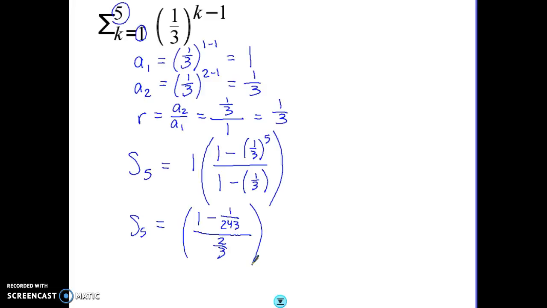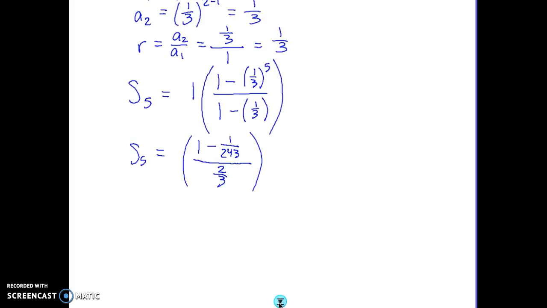We can keep going from here. This is the same as 1 minus 243 is 242 over 243, which is still all divided by 2/3. And then an easy way to rewrite this is to say that dividing by a fraction is the same as multiplying by its reciprocal.